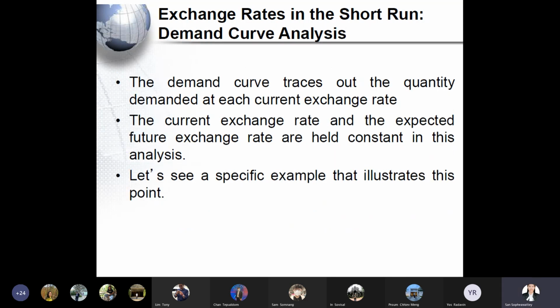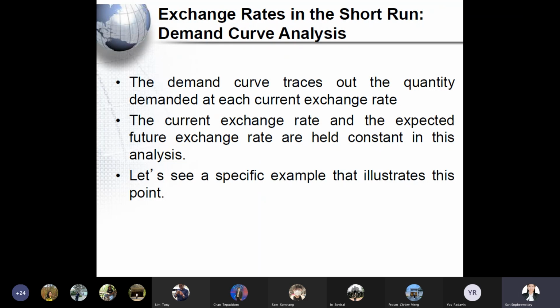And the demand curve. The demand curve for domestic assets shows the quantity demanded at each current exchange rate, holding everything else constant, particularly the expected future value of the exchange rate. So we're looking at an example.